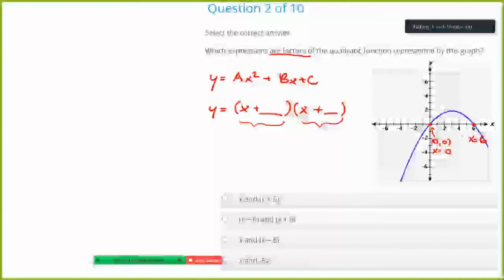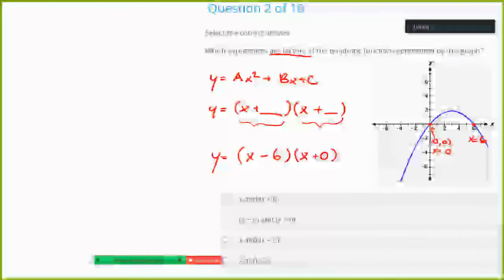So if my two zeros, or my two x-intercepts, are 0 and 6, we're going to change the sign on those and put them into our parentheses. So here we go. Y is equal to x minus 6, and then x plus 0. Now 0 is kind of a special case. We could write minus or plus.